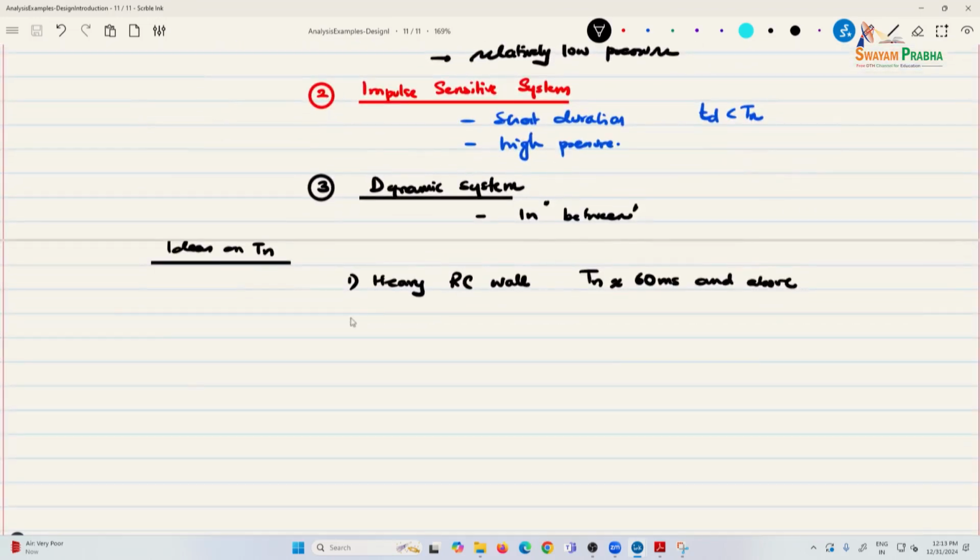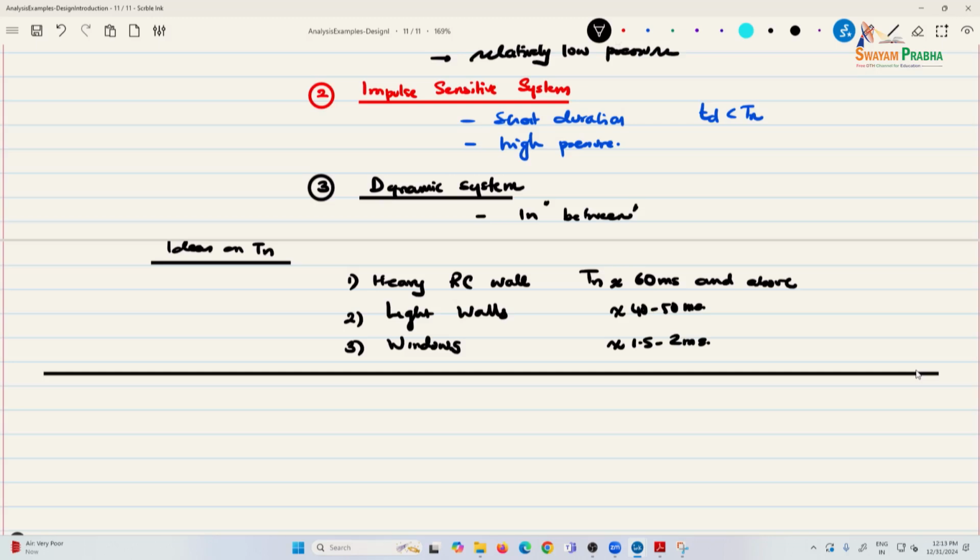But these are just approximates. Light walls about 40 to 50 milliseconds, and on the other extreme, windows glazing systems about 1.5 to 2 milliseconds.